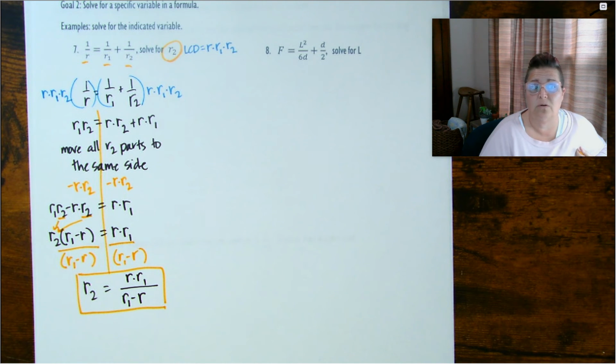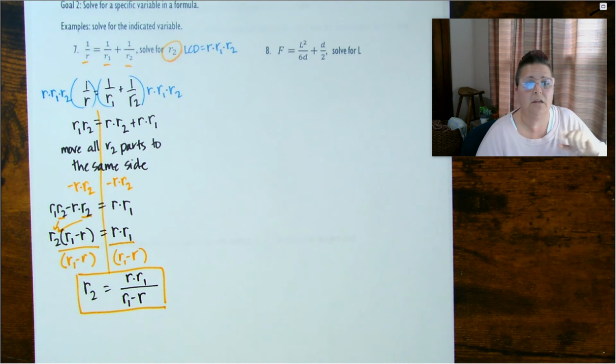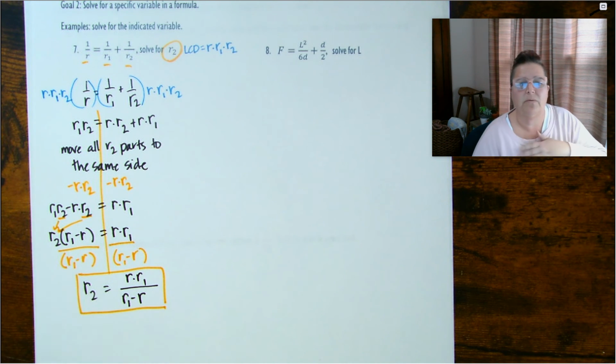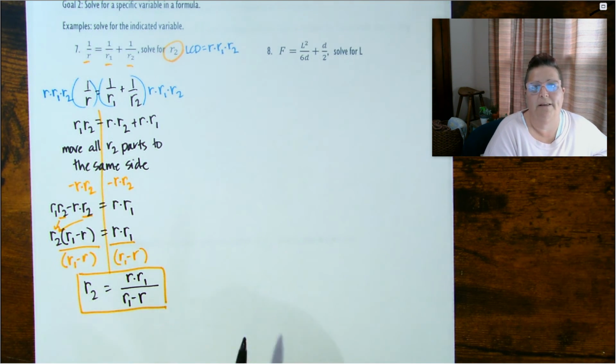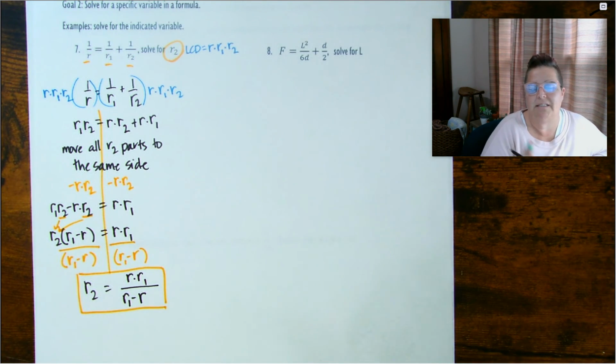The resistance total, 1 over the total resistance, is equal to 1 over the resistance of circuit 1 plus 1 over the resistance of circuit 2, and then you keep adding them. 1 over the resistance of circuit 3, 1 over the resistance of circuit 4, and it just keeps going and going. So this is a common electricians and engineering formula. And moving it around like this happens all the time because that's how they test and check the different resistance levels. All right, let's try the last one.